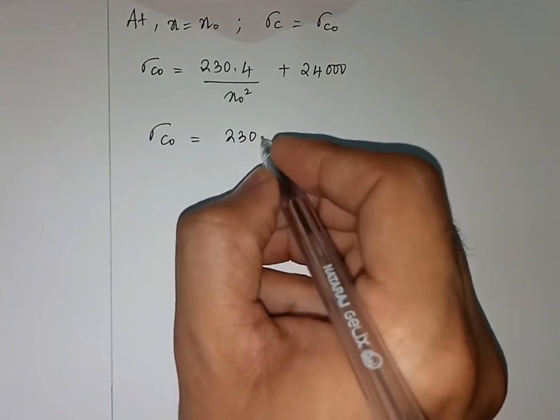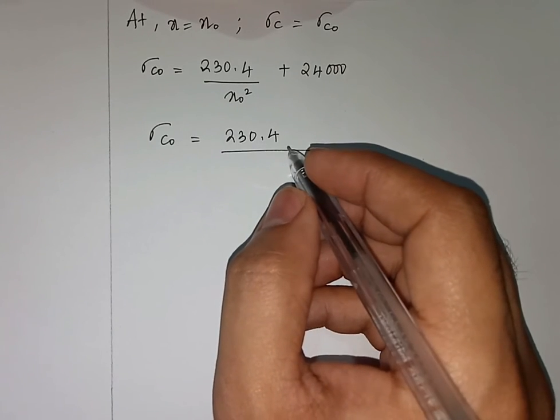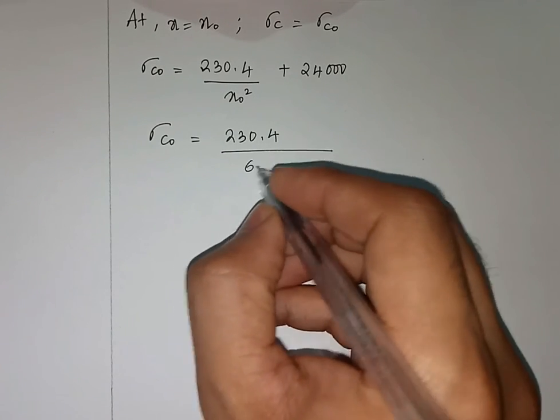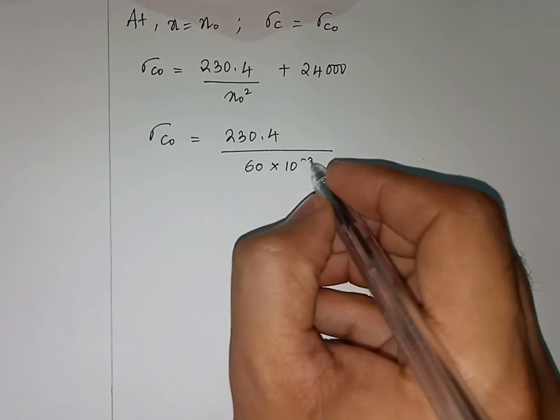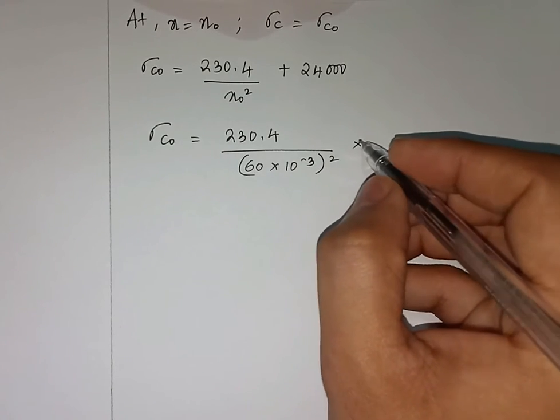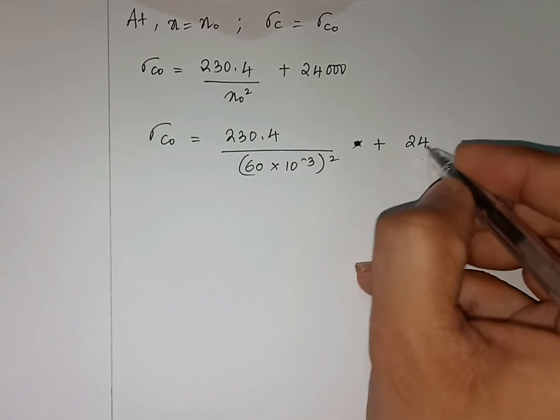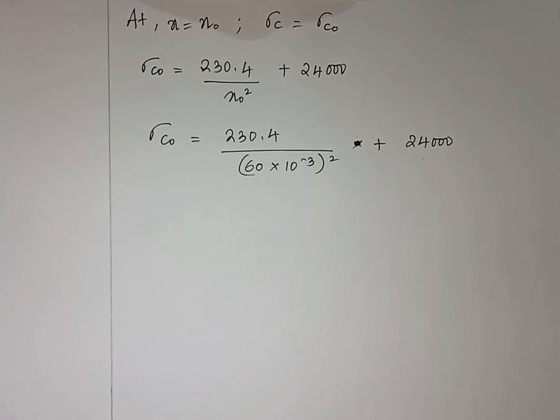So sigma C naught is 230.4 divided by x naught value is 60 mm. So it is 60 into 10 raised to minus 3, sorry, it's not into, it's plus 24,000. Right? So if you substitute this and simplify, let me check out what will be the value.